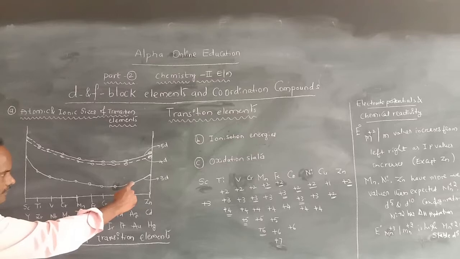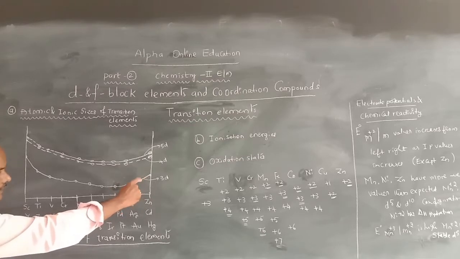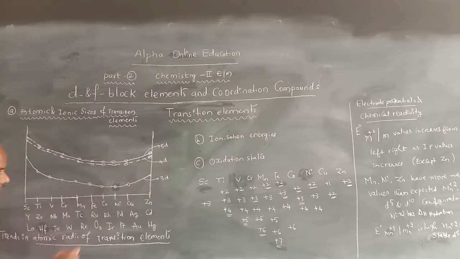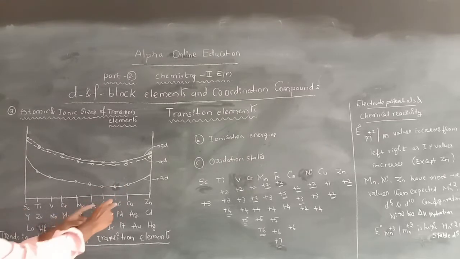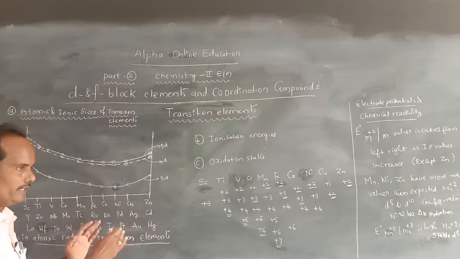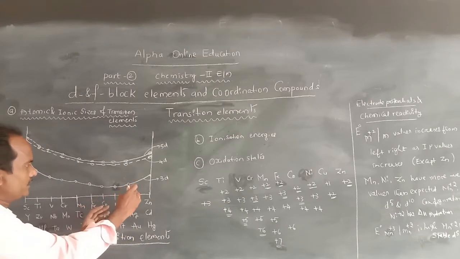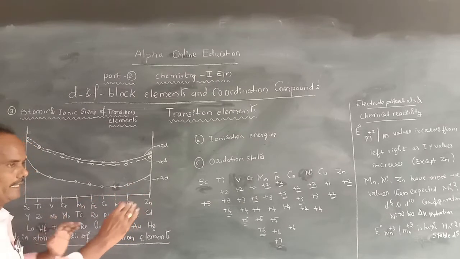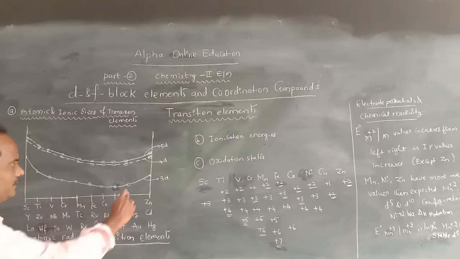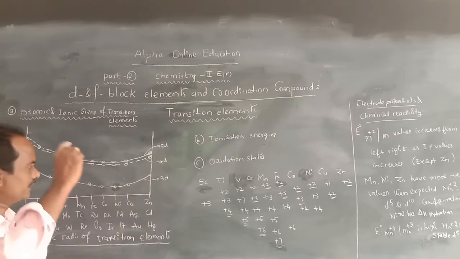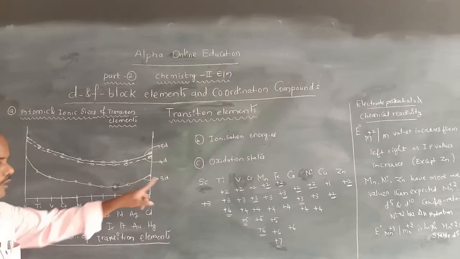After nickel, the size of zinc is somewhat greater. The reason is that while the atomic number increases, there are a lot of electronic repulsions in the atom, so the electron cloud expands. That's why zinc size is somewhat greater than copper.